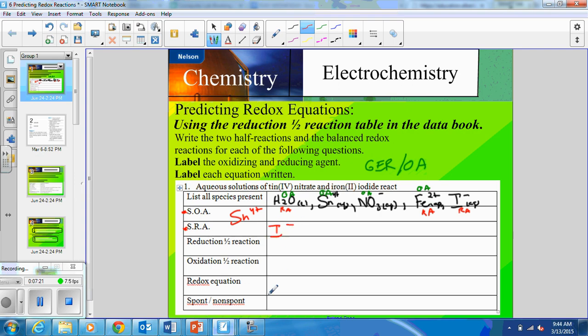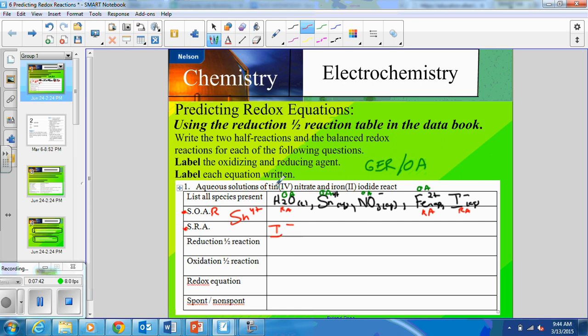So I-. Now we want to come up with our reduction half reaction and our oxidation half reaction. So my SOA, the strongest oxidizing agent, gets reduced. Another way I remember that is the acronym SOAR. Strongest oxidizing agent is reduced.